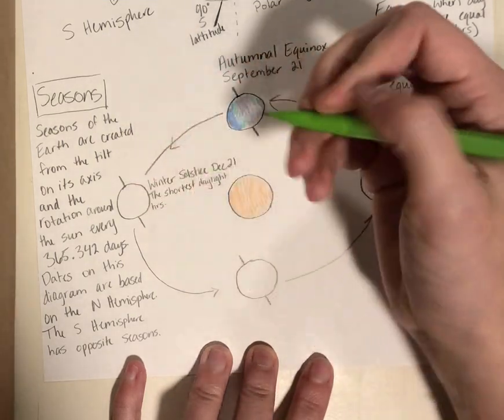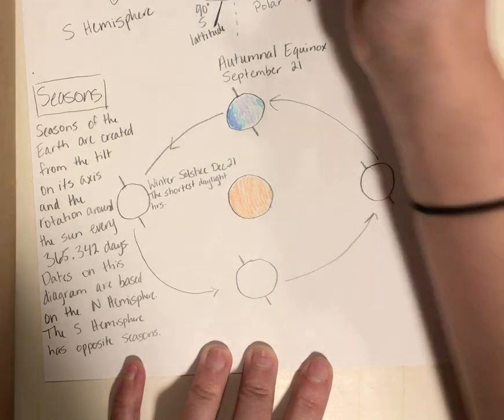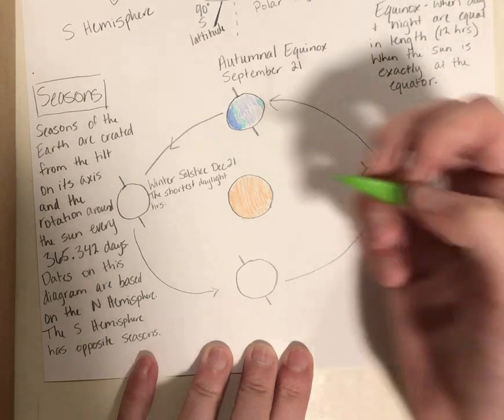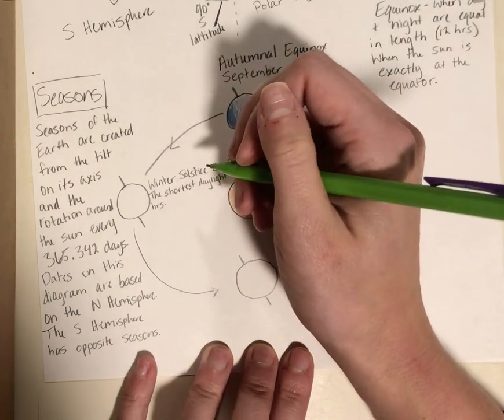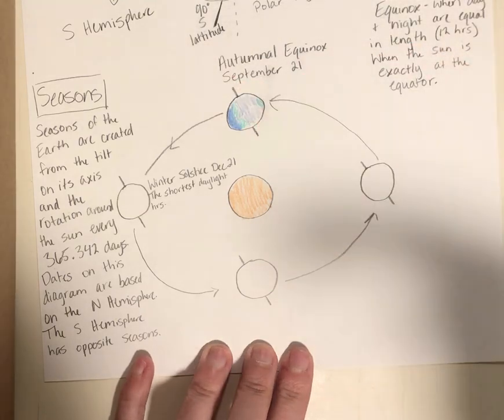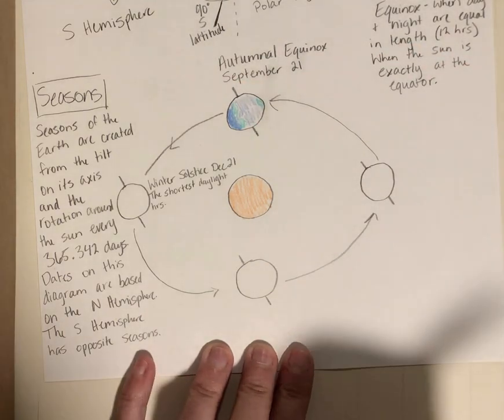If you're talking about the Arctic, up here, well, you can't see on my paper, but the Arctic is going to actually experience 24 hours of night, and Antarctica is going to have 24 hours of daylight.